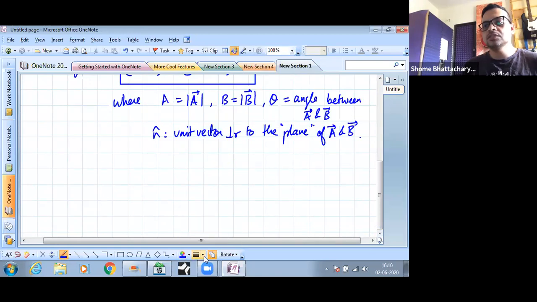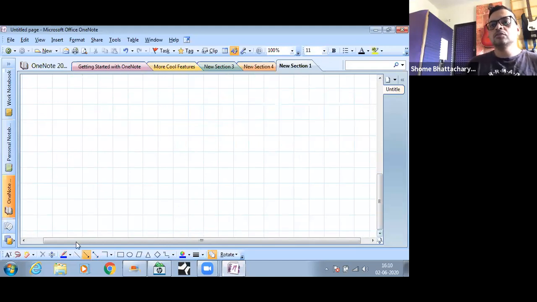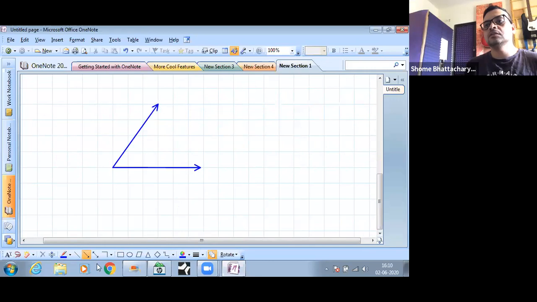So let's understand this with an example. For example, if this is the vector A and this is the vector B, then you can see that A and B always define a plane. The only time that A and B don't define a plane is when they are parallel to each other or anti-parallel to each other.